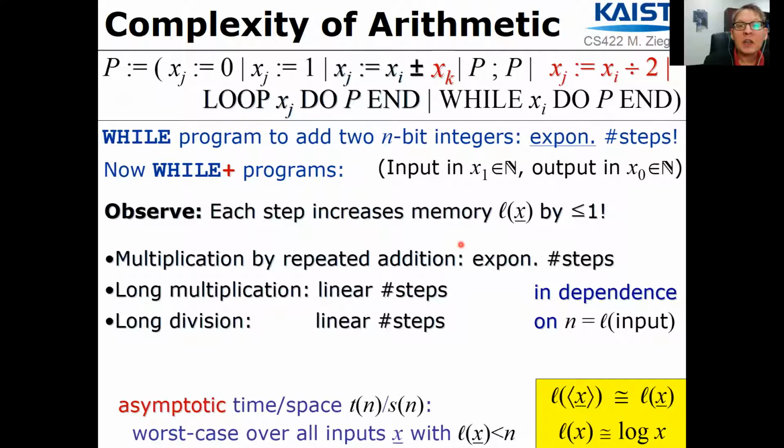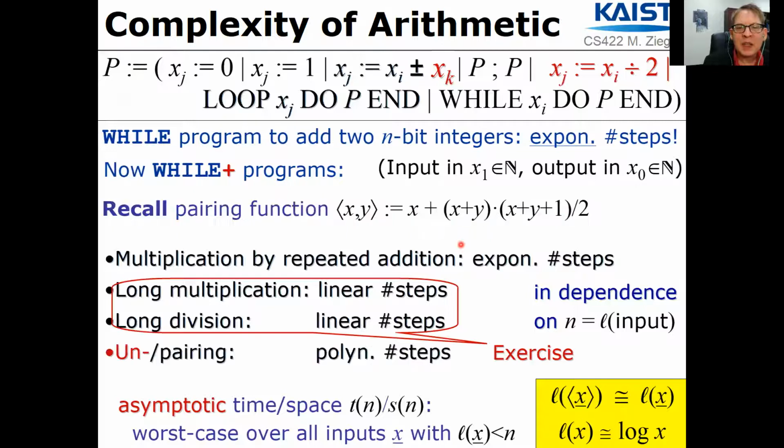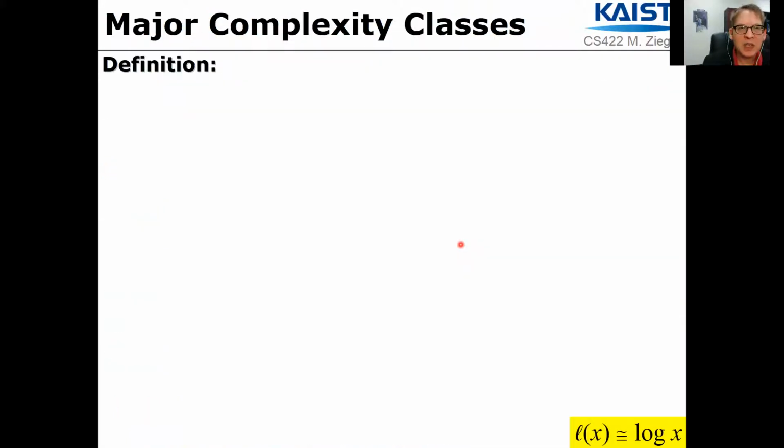And long division can also be performed in a linear number of steps, using a variant of Newton's method, which I'm not going to discuss here. And the pairing function can be computed in a polynomial number of steps and unpairing as well.